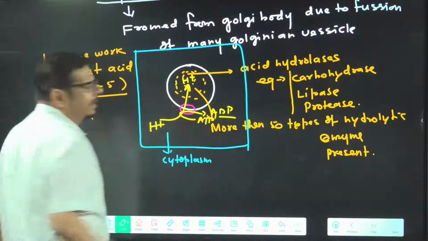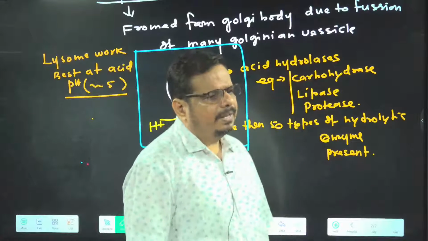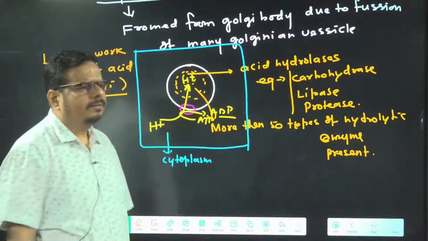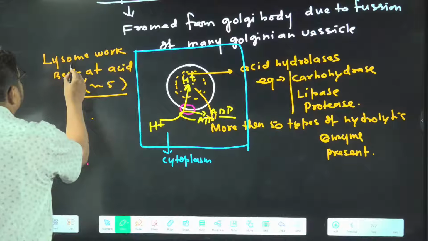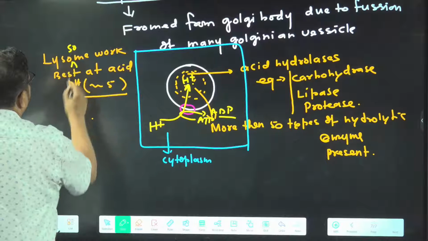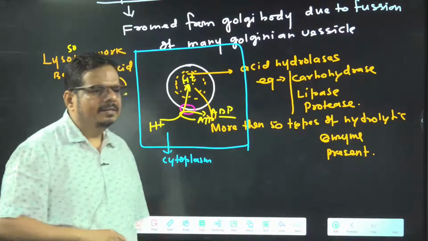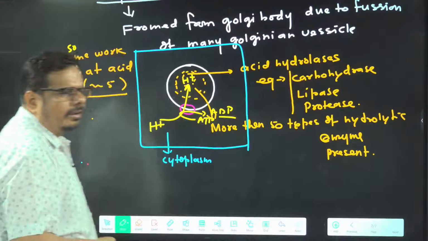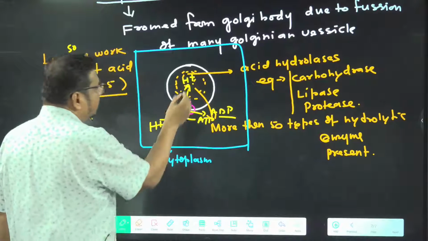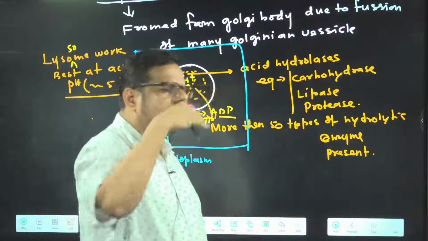So how does a lysosome continuously maintain an acidic pH? Is it clear? So how does the pH become acidic? By active pumping of the proton.